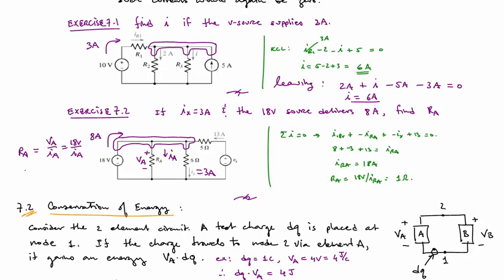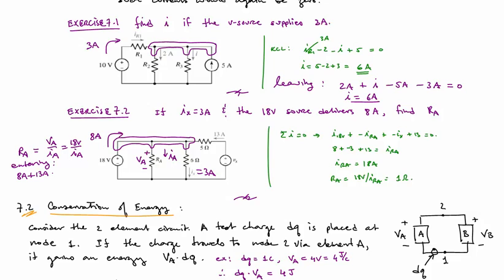So let's do that. I'll sum currents entering, just for fun this time. Entering the node, we have 8 amps entering and 13 amps entering from the right.